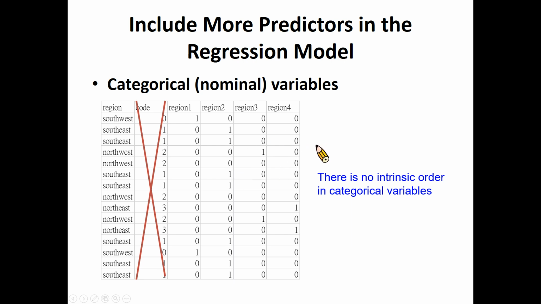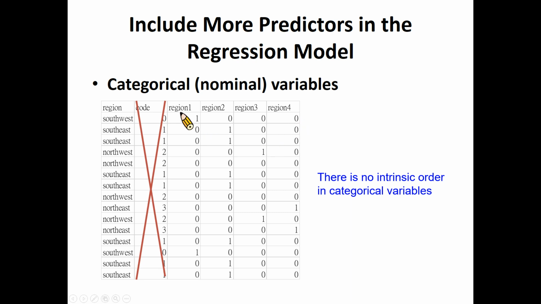So you probably think that if we have these dummy variables, we could put all four of them into the regression model. But that is a tricky part, because when you have the region 1, 2, 3 information, you already automatically include the information of region 4. Why?